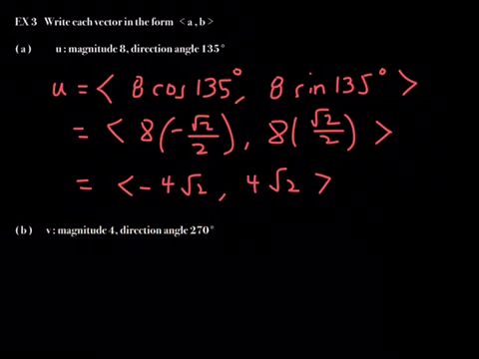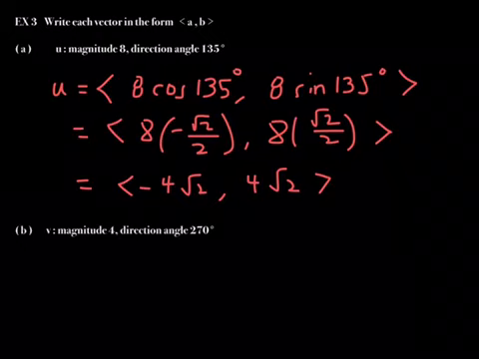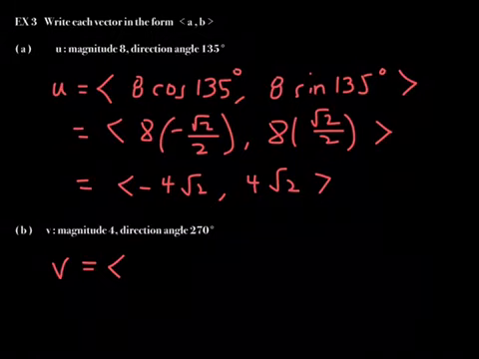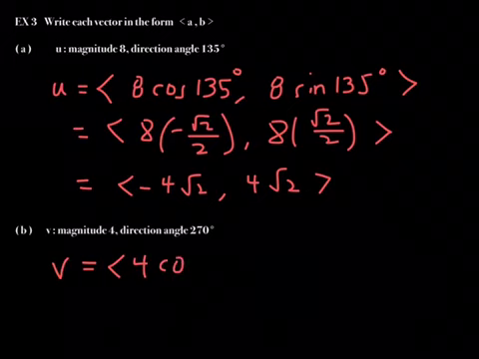Check out this next one. Vector v has magnitude 4 and direction angle 270 degrees. All right, so let's do it together. So vector v will have this notation. The first component will be the horizontal component, which will be the product of the magnitude and cosine of your direction angle.